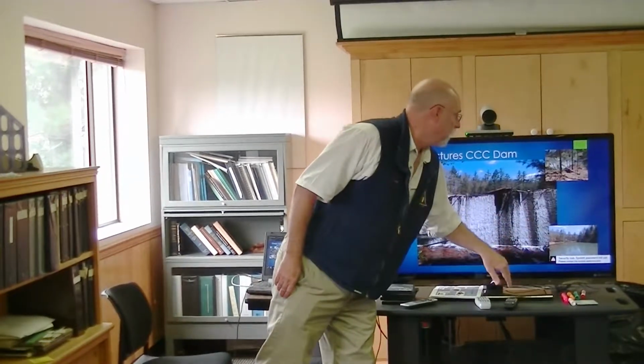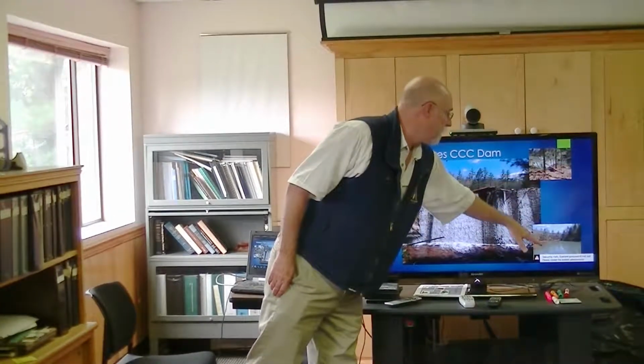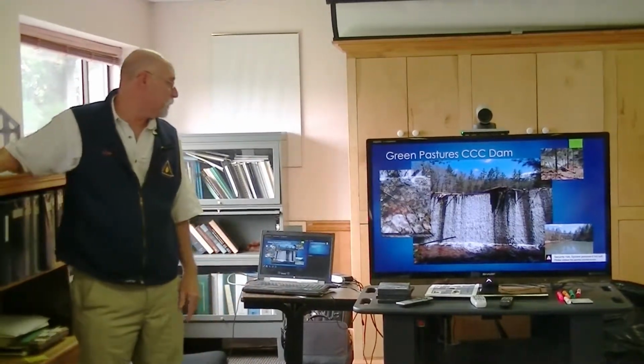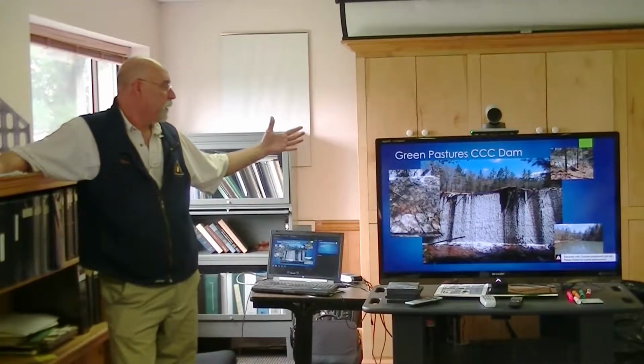It's an awesome thing when you go out there. I don't know if you guys have ever seen pictures of it being built, but it's all handmade. It's got a lot of rock work, and it's filled with concrete, and it backs up this big pond in the woods. It's probably a couple of acres. Of course, like all obstructions in a stream system, there's a lot of stuff coming down.